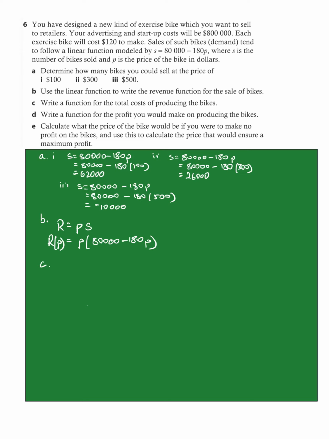Let's look at C. C is write a function for the total cost of producing the bikes. So the total cost would equal, okay, we know that the startup costs were 800,000, so we can write that in.